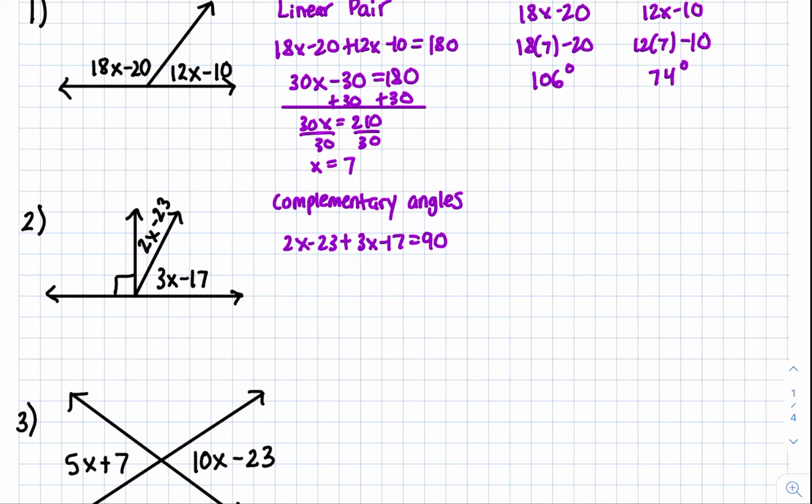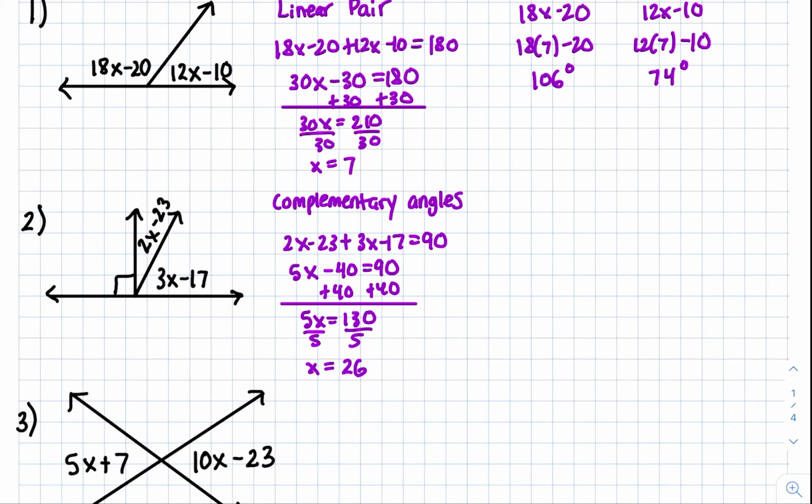And then you guys solve. Combine like terms, so 2x plus 3x is 5x. Negative 23 minus 17 is negative 40. Add 40 to both sides, and we get 5x is equal to 130. Divide both sides by 5, and we get x is equal to 130 divided by 5, 26.